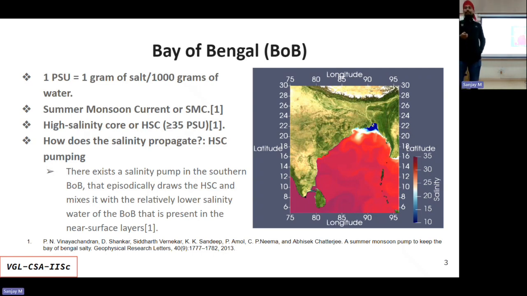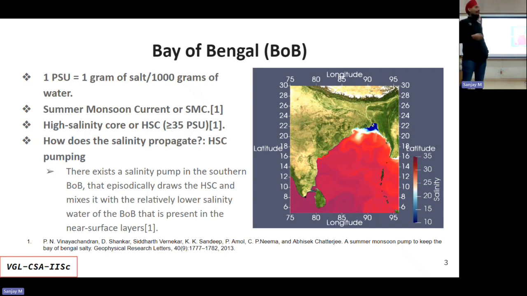Fresh water is generally considered at 0.5 PSU, and that's what we get as inflow into the Bay of Bengal, right? But still the average salinity is fixated at 35, where above 35 is considered high salinity. So where does all that salinity come from?